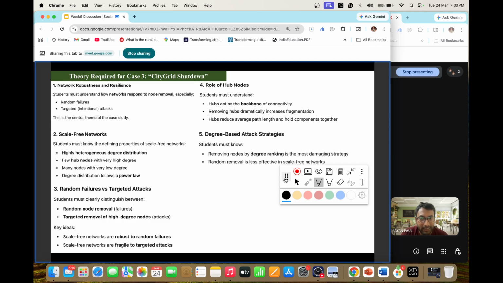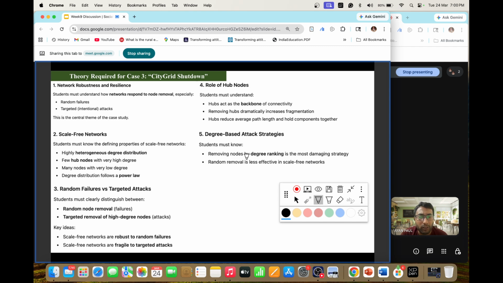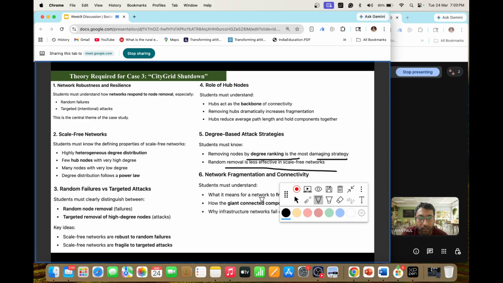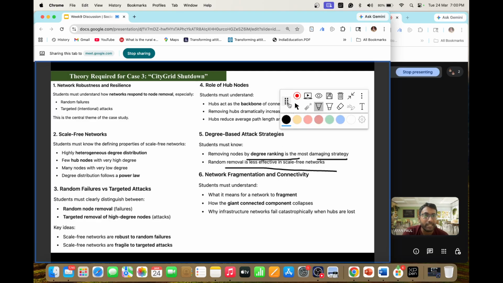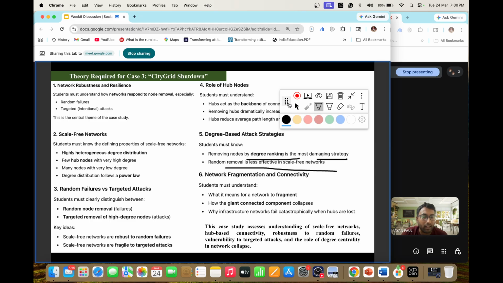Degree-based attack strategy, removing nodes by degree ranking, that is a targeted attack, is the most damaging strategy. Random removal is less effective in a scale-free network. Then network fragmentation and connectivity: what it means for a network to fragment, how the giant connected component collapses, and why infrastructure networks fail catastrophically when hubs are lost.